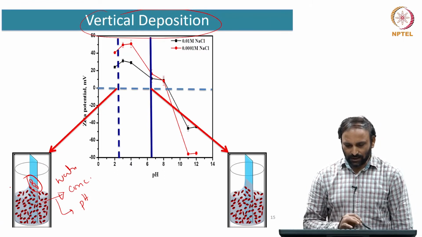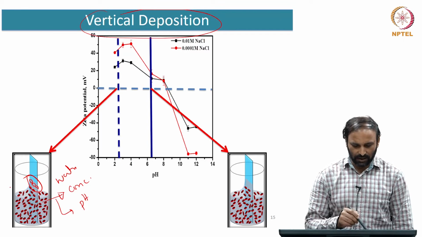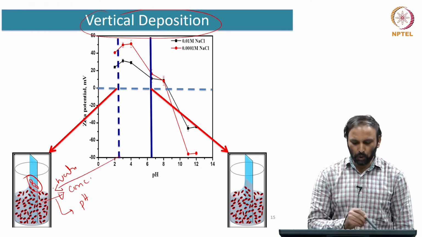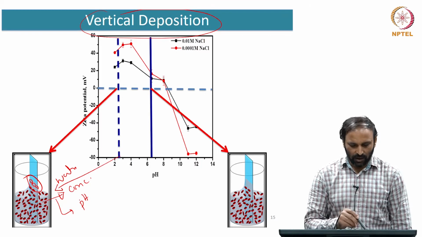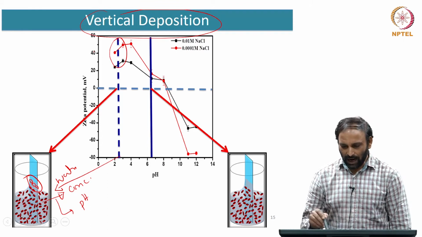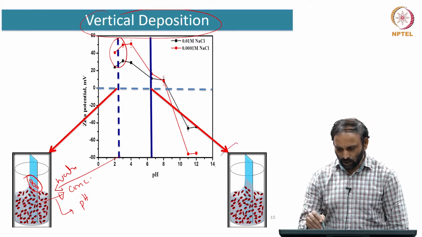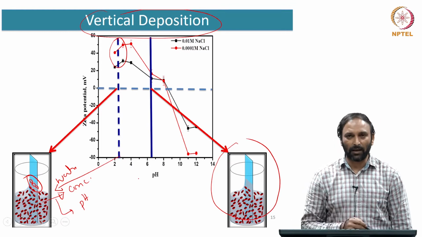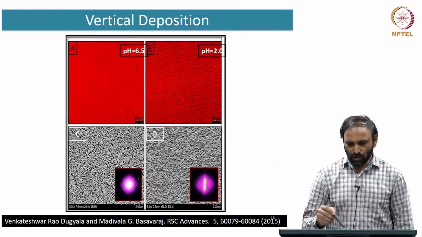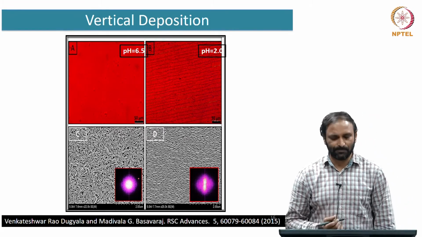Now, what is done in this case is the conditions are chosen such that the pH is about 2.5, such that the particles are highly charged, and again a condition of pH such that the particles are weakly charged.